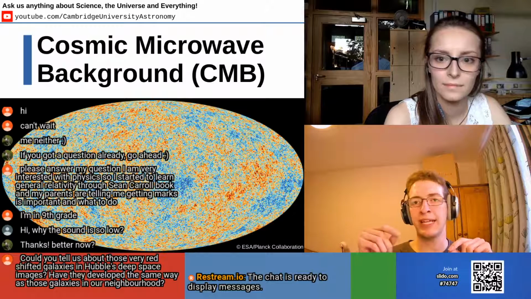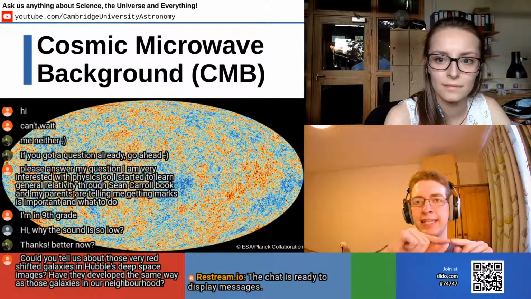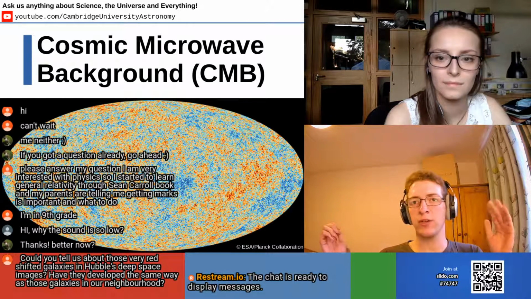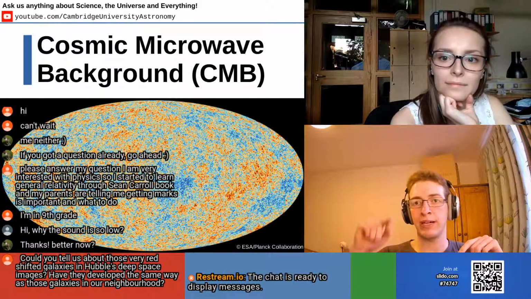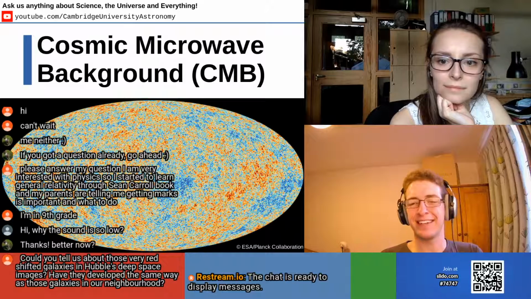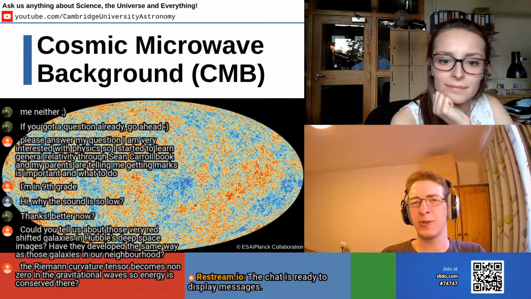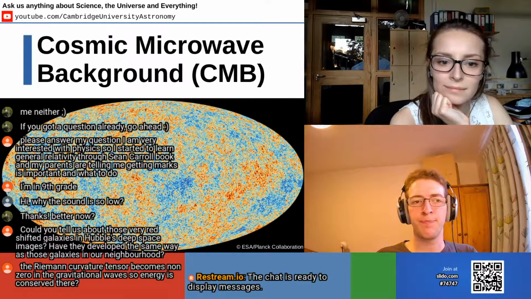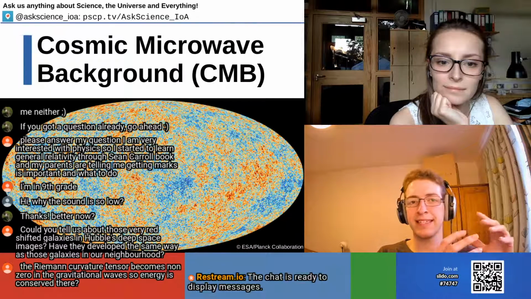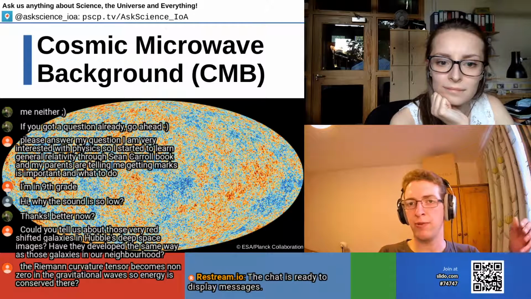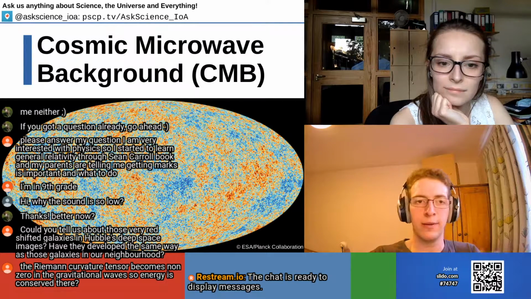So when you have, let's say, yellow light that has a quite short wavelength, and then the universe expands and the wavelength gets longer, you can get, for example, to a red light, which has a longer wavelength. Which is why it's called redshift. And that's why in pictures of really far away galaxies, they all look more red.